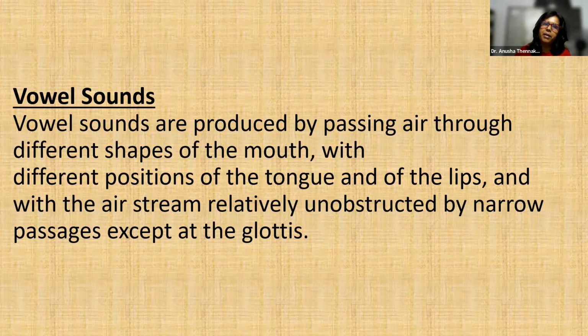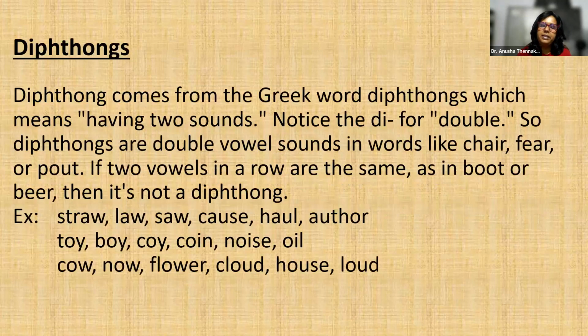In the production of vowel sounds, air is not obstructed. So there are different places where vowel sounds are produced in the process of articulation. But unlike the consonant sounds, vowel sounds are not obstructed. Consonant sounds are obstructed. So these are the vowel sound types. Read that.